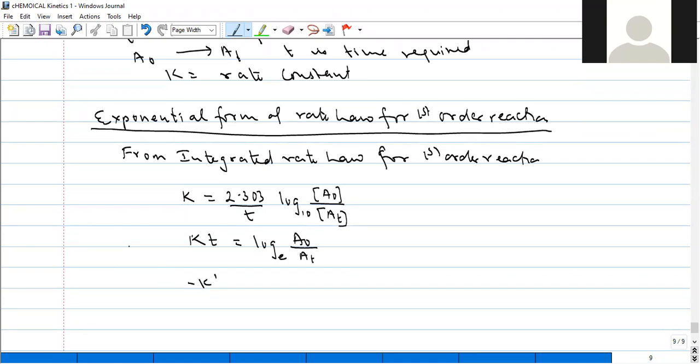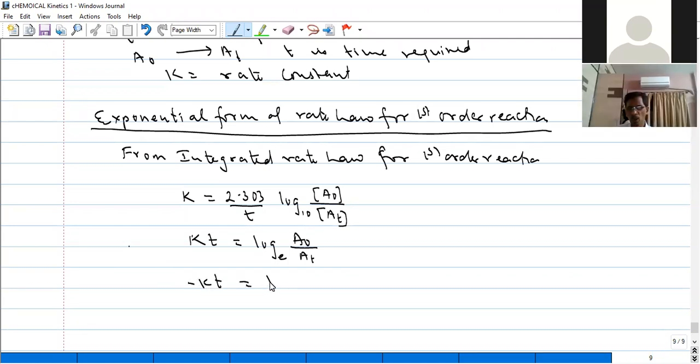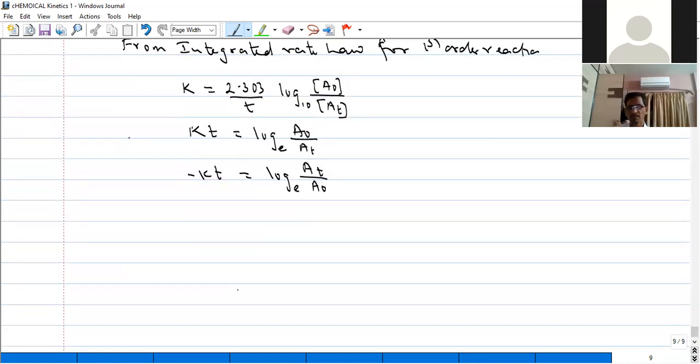Minus Kt is equal to log to base e. I'm doing the log here. The same thing I'm writing again.